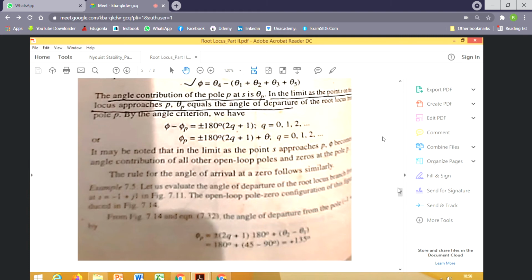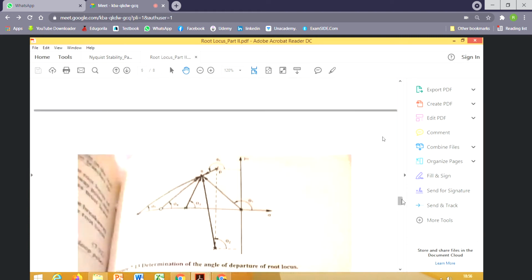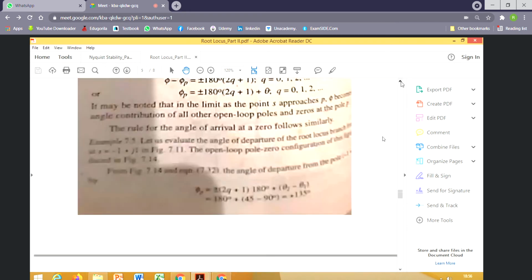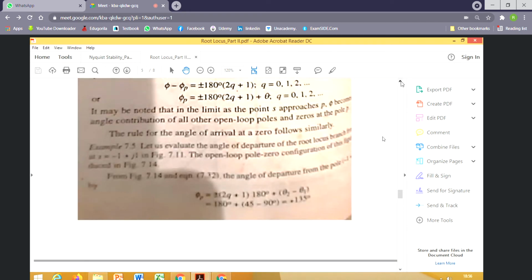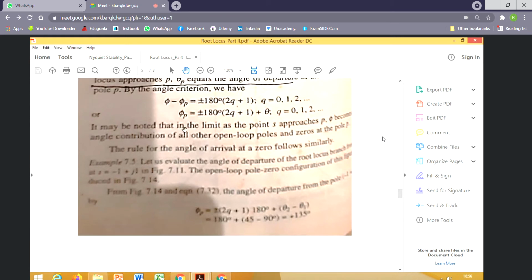Now, at this point, this pole is contributing an angle which is phi p. Since this is a pole, its angle contribution will be negative.